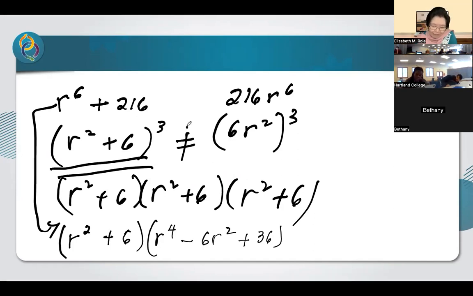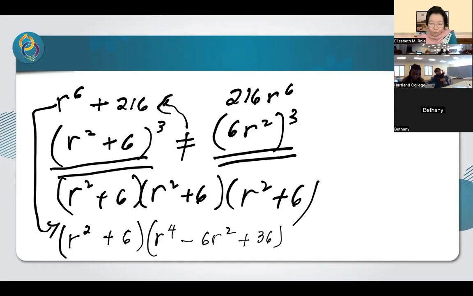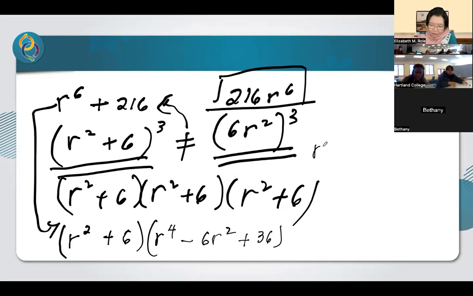So they are not equal. If you're dealing with the power rule of exponents, that only happens when it is a product rather than a sum. So when it is r to the 6 times 216, yes, you can use the power rule, but not for r to the 6 plus 216.